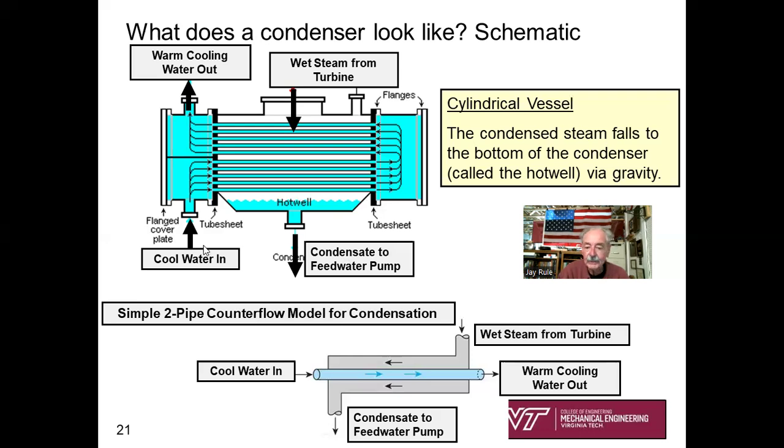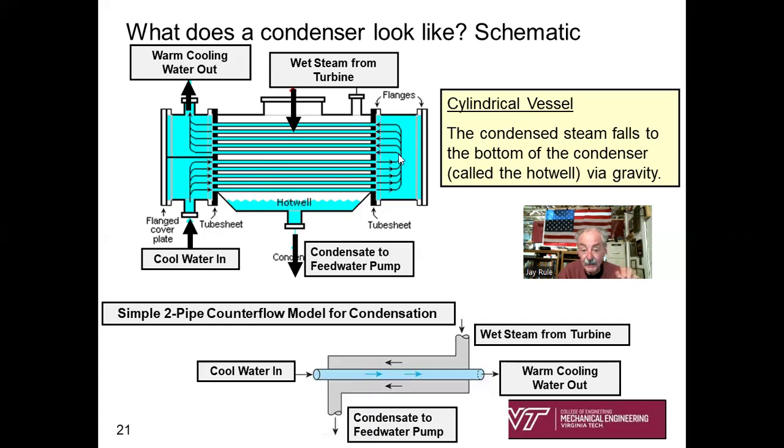Now, let's look at what's called the tube side of this condenser heat exchanger. You've basically got cool water coming in, let's say from a river, a lake, or the outlet of a cooling tower. Cool water's coming into these hundreds or thousands of little tubes. It's going across, so it's in thermal contact with the condensing steam.